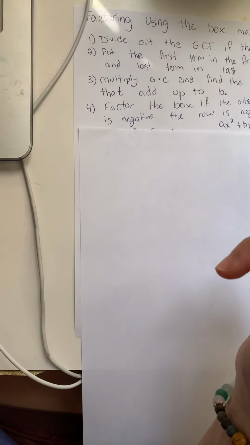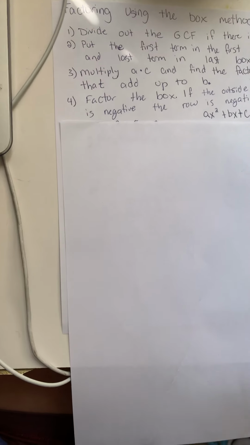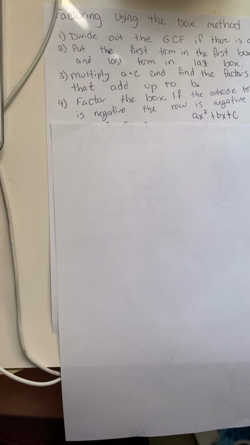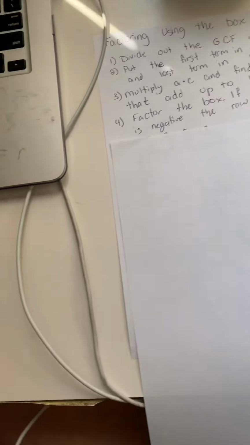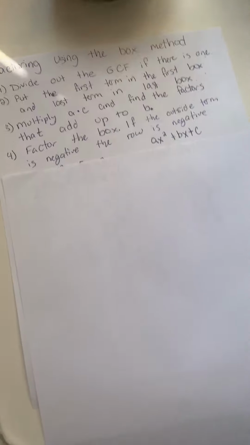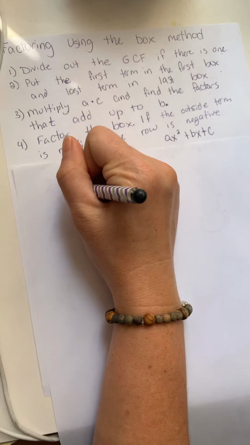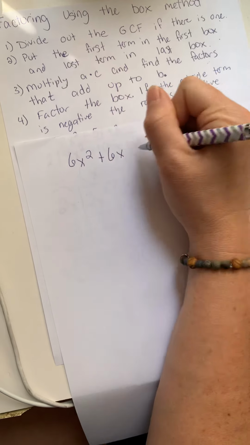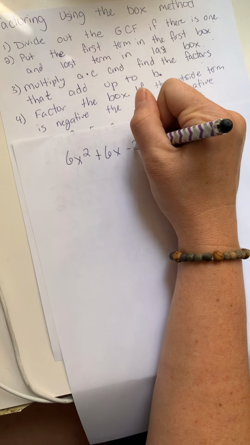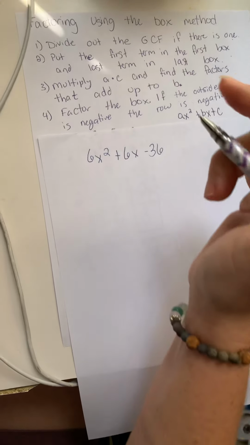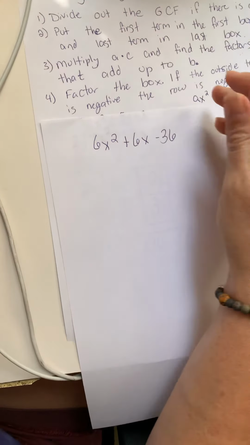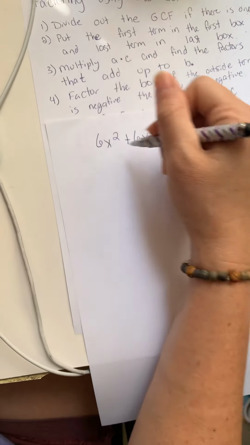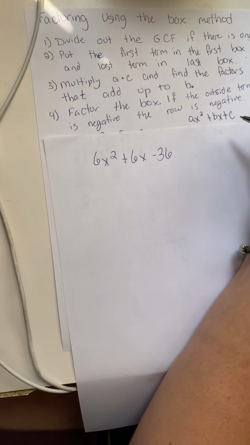When I tried to take the greatest common factor out, I only divided it by 2 and it messed the whole thing up. Let me find my example. Oh, here we go. 6x squared plus 6x minus 36. And don't ask how I divided out the wrong one. I was trying to mess around and find one that'd be easy to do.